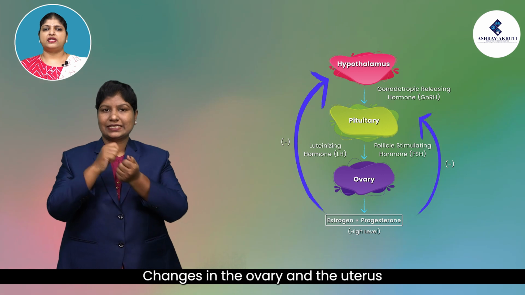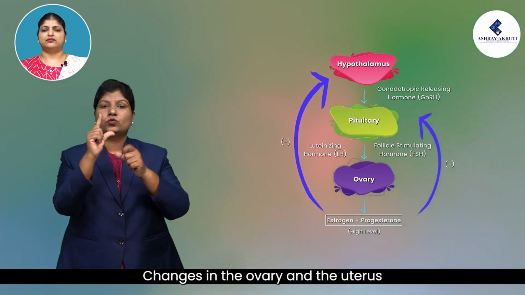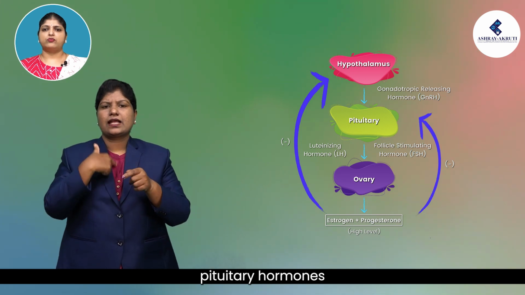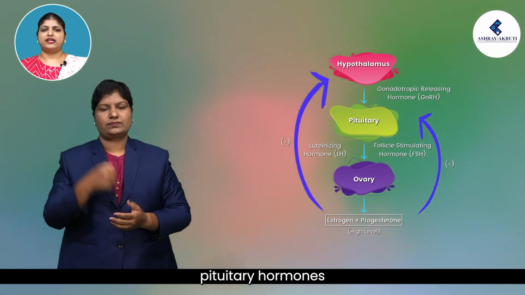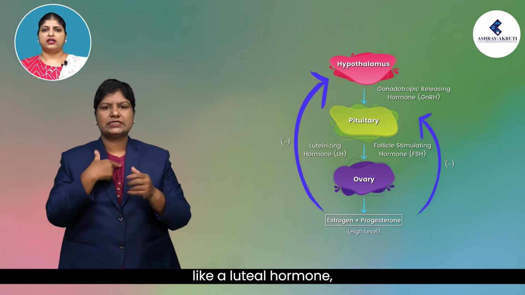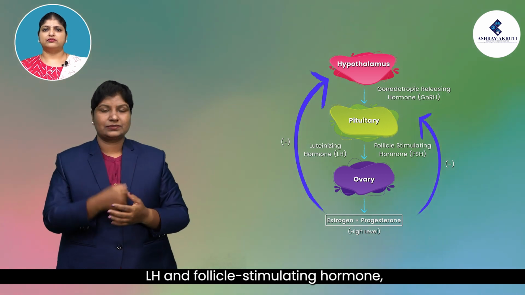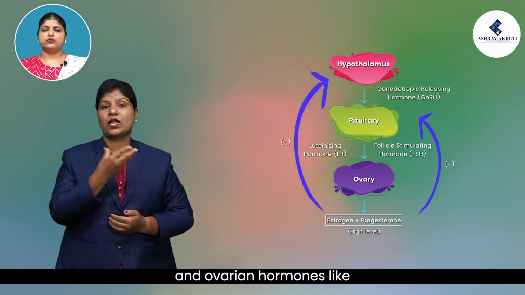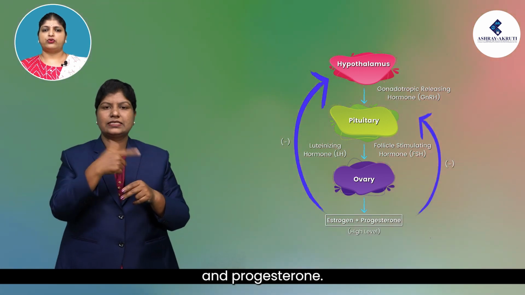Changes in the ovary and the uterus are induced by pituitary hormones luteal hormone, LH, follicle stimulating hormone, FSH, and ovarian hormones like estrogen and progesterone.